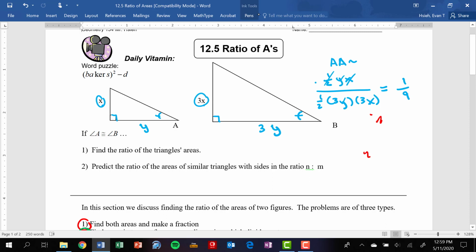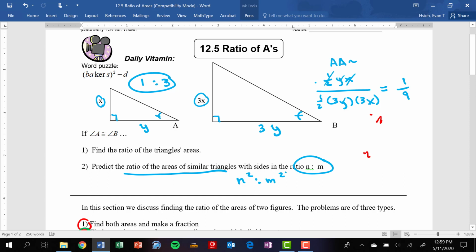And what you're going to find out here is that if the ratio of the sides is n to m, in this case it was 1 to 3, that was the ratio of the sides, then the ratio of the areas of the similar triangles is just going to be, you take the n and you square it, and you take the m and you square it.